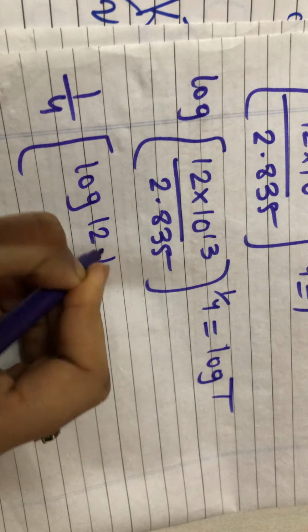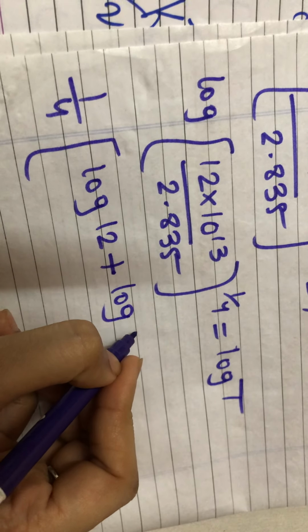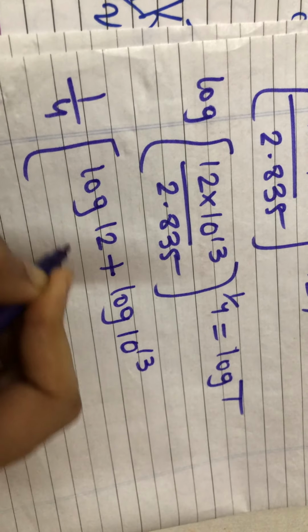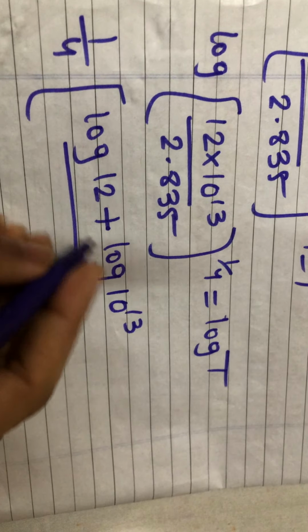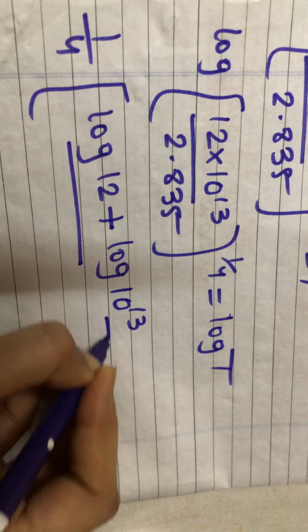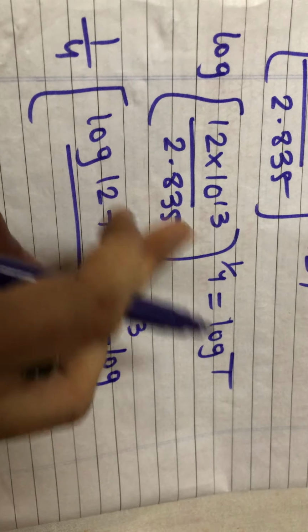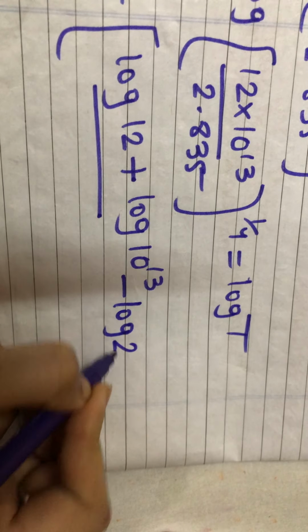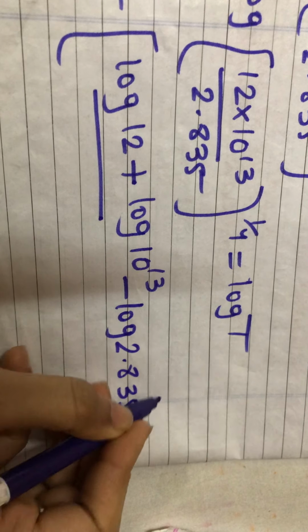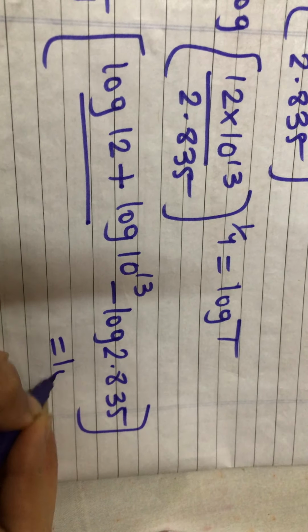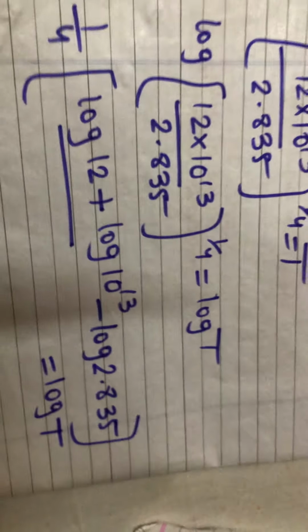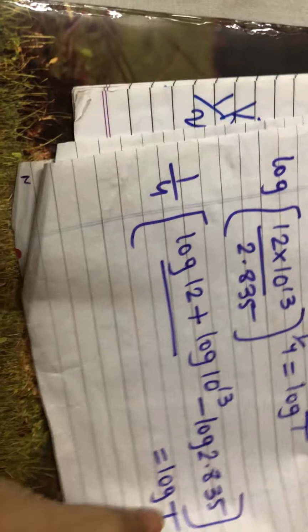Log of 12 plus log of 10 raised to 13, minus log of 2.835, since it is in division format. This is equal to log of T. I hope you understood till here.